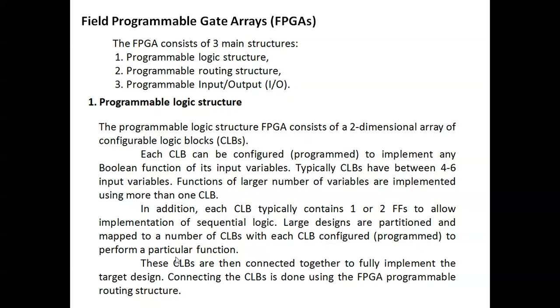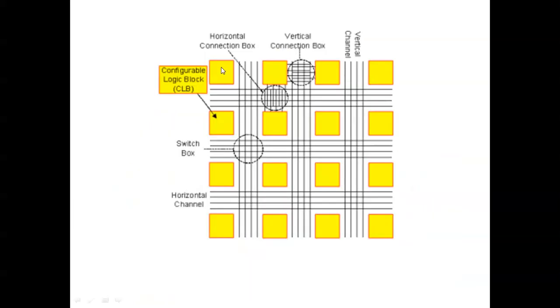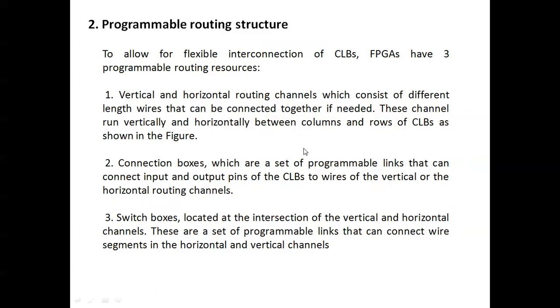In addition, each CLB typically contains one or two flip-flops to allow implementation of sequential logic, and the CLB is configured, that is programmed, for particular functions. Also, CLBs are connected together to fully implement the target design. Connecting CLBs is done using the FPGA programmable routing structures. So these are the basic CLB characteristics.